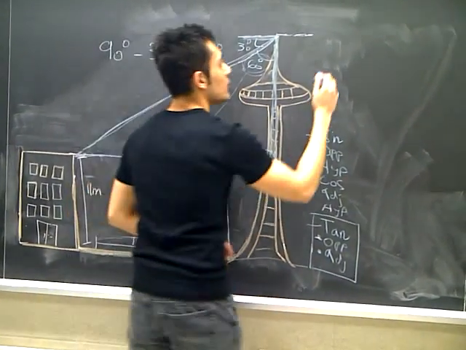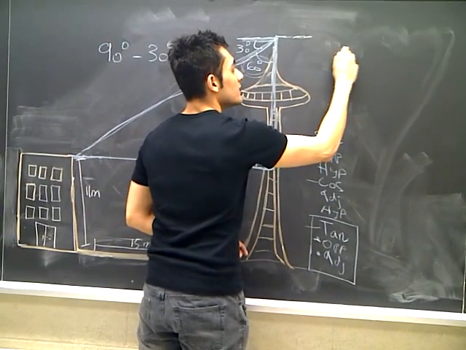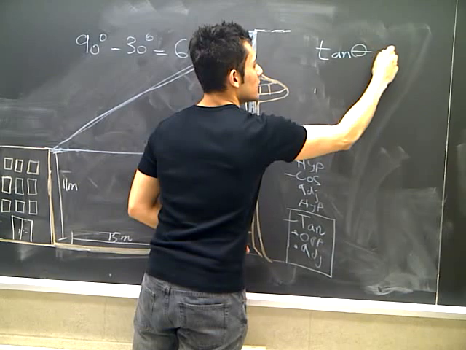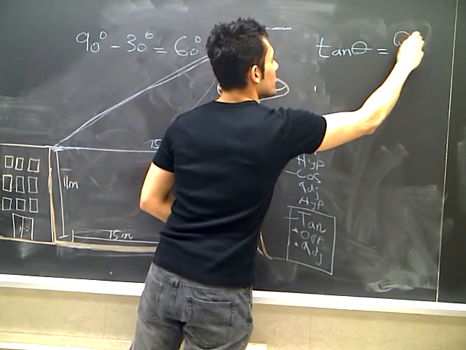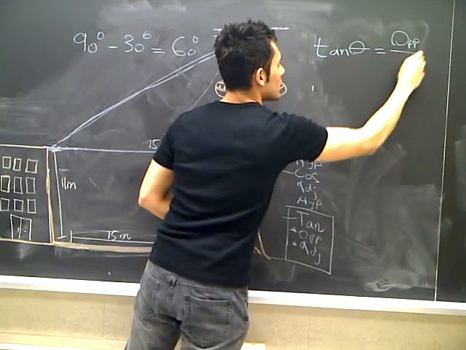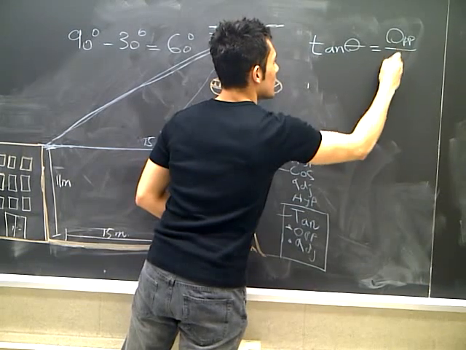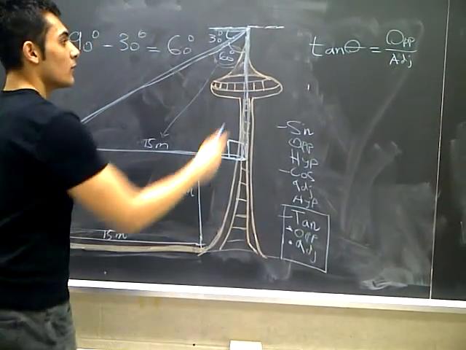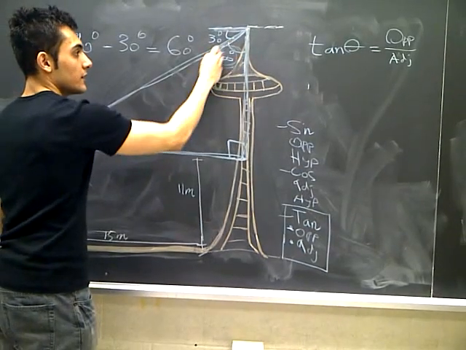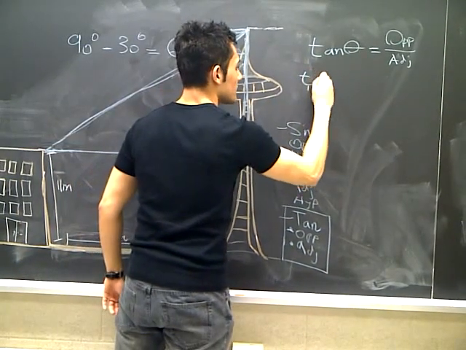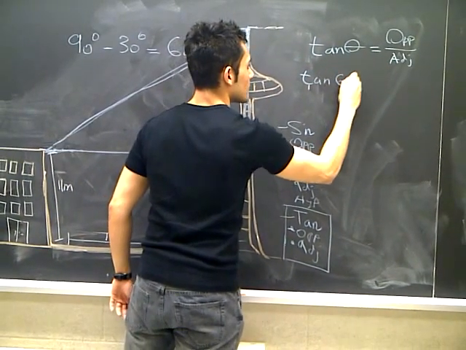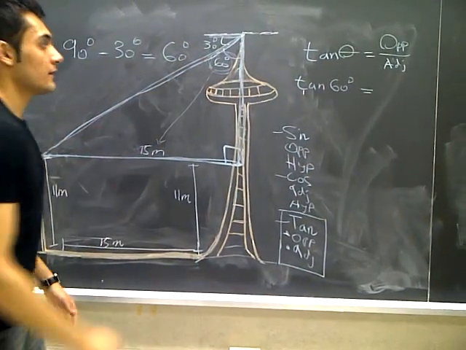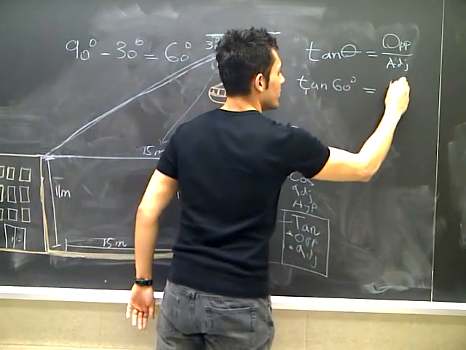Now we know the rule is that tan of any angle, we'll call it theta, is always equal to opposite over adjacent. Well, what is theta? Theta is 60 degrees, so we write it down. What is opposite from it? 15. So we write that down.